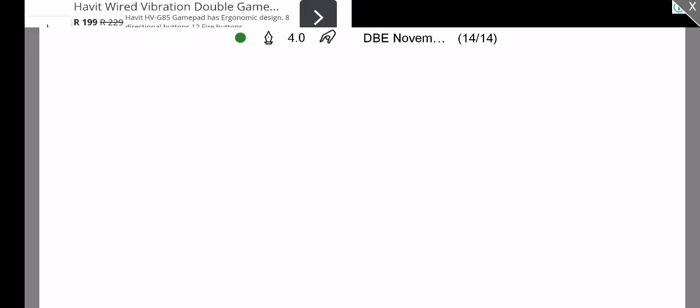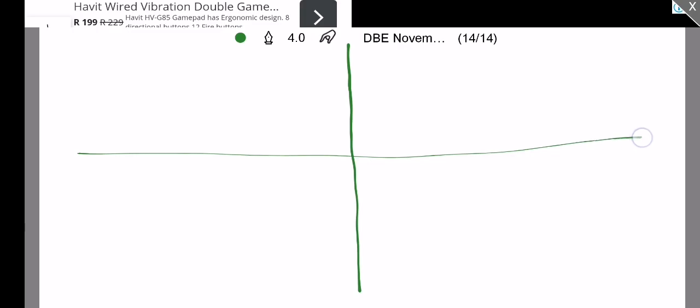Okay, firstly, let's draw the graph. We were given that the horizontal asymptote was y equals -1.